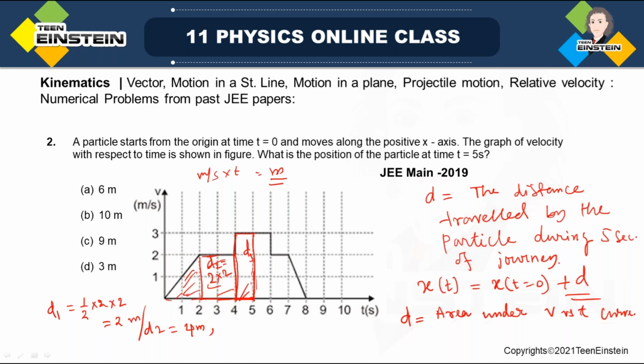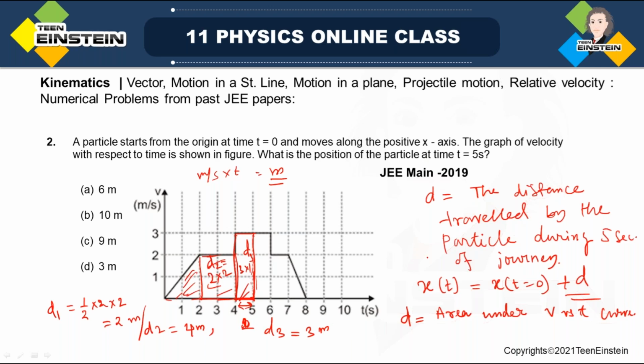Okay, d3. So between this, what is the difference? This is 1. So breadth is 1 and length is what? Length is actually 3. So 3 into 1. So it is going to be 3 again. d3 means d3 is again 3 meter.